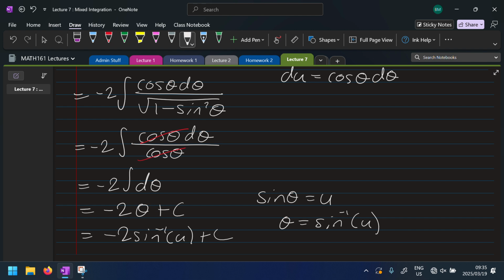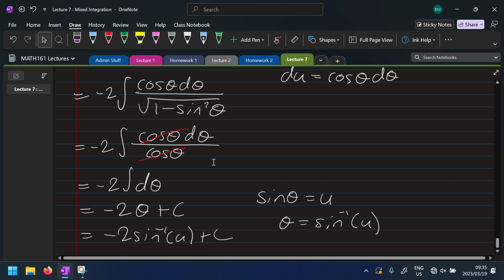So again, if you recognize that it's going to be sine inverse, go ahead, write it down, get all the marks. Or you do the side working with the trig substitution. Okay, there's no extra marks for doing the side working. If you need to do it on the side, that's perfectly fine. If you know the answer right away, that's fine as well. That's up to you. Okay, but we're not done yet.